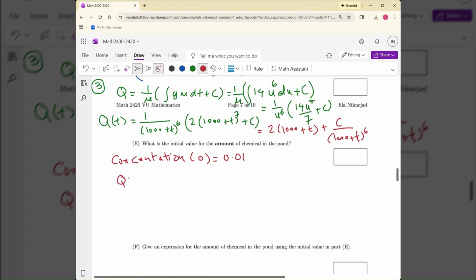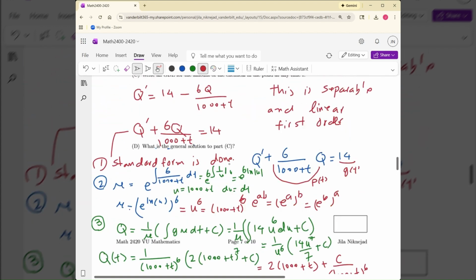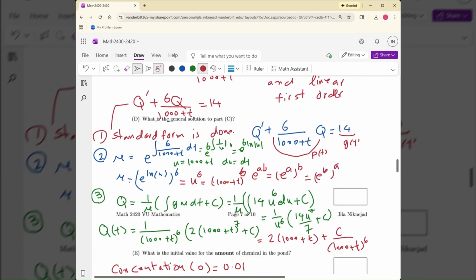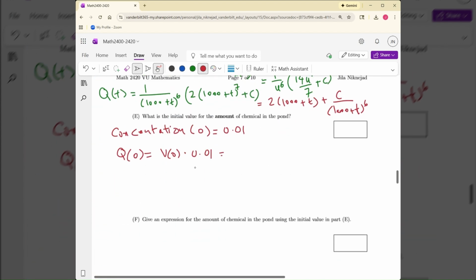Q at 0 is equal to V at 0 times 0.01. V at 0, if I plug in 0 for t, V is 100,000 plus 100 times T. So if I plug in 0 for T, I get 100,000 times 0.01, which is 1,000.